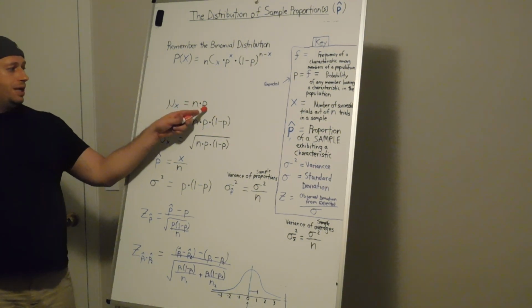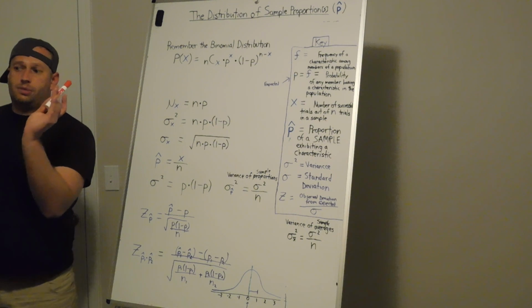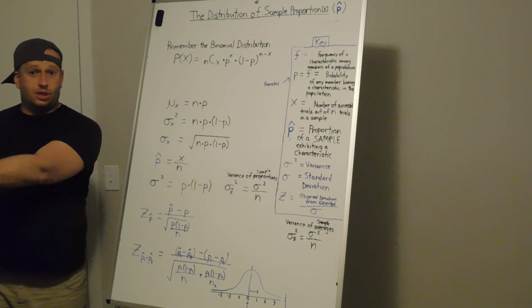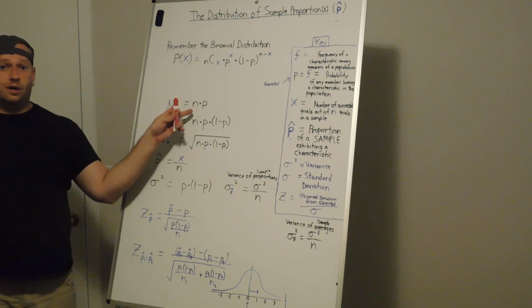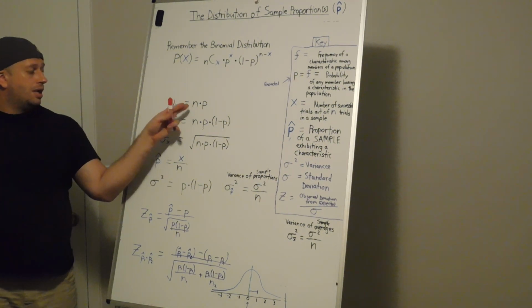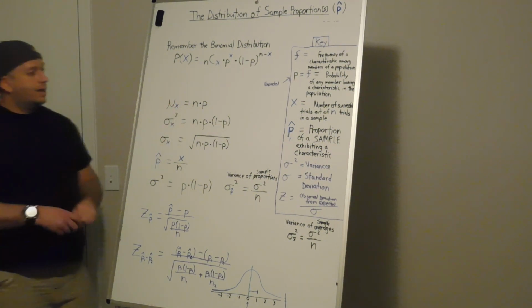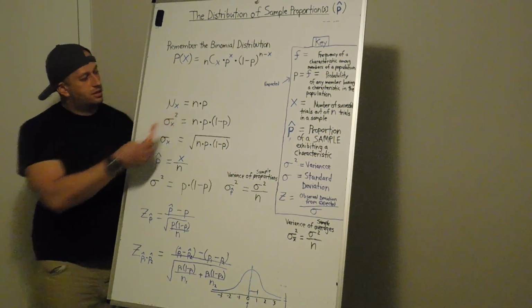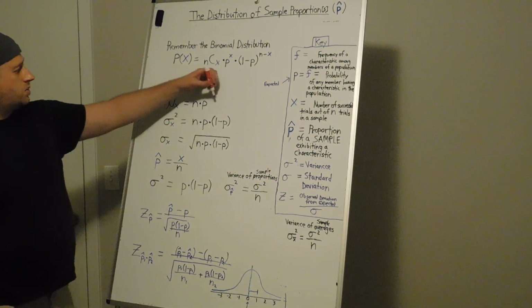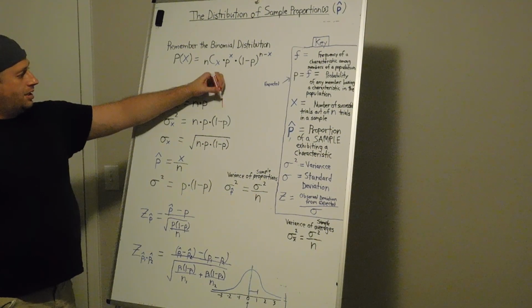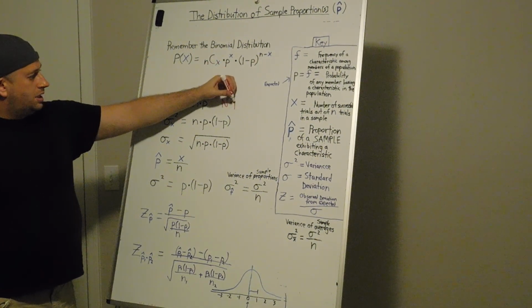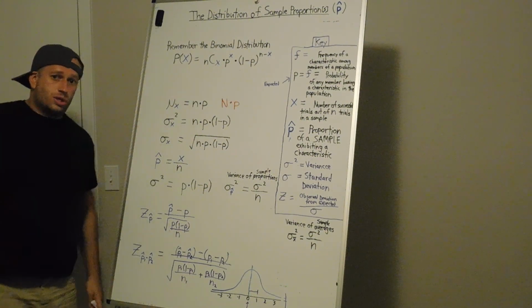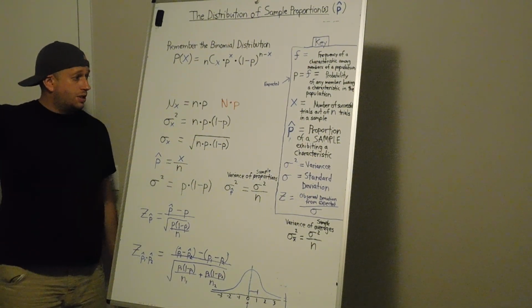So p, the probability, is like the proportion of the larger population, of capital N, the population size. So if you think about it that way, if you're looking at the actual population, it would be n, because that's the population size, times the probability or the proportion of that larger population.